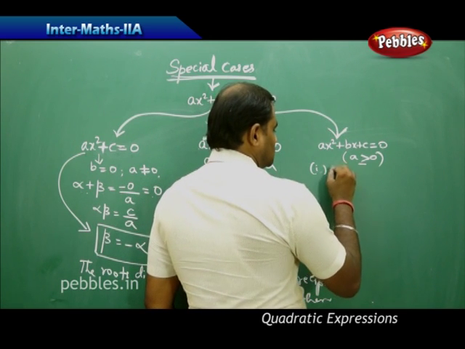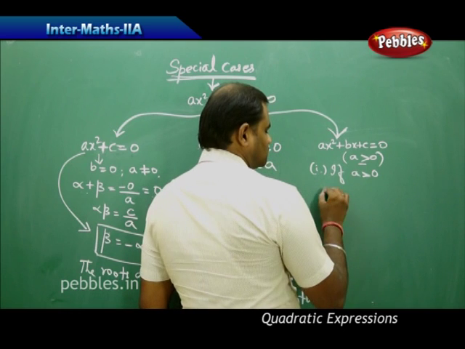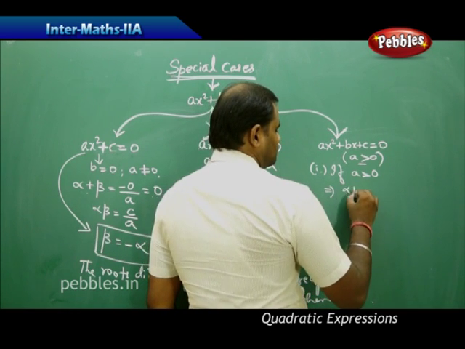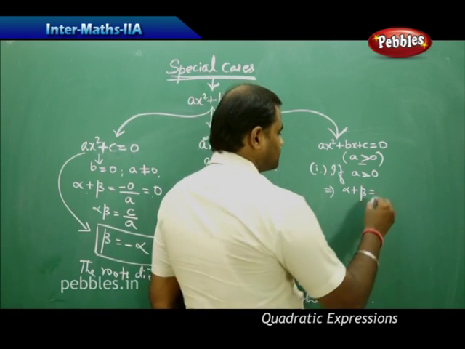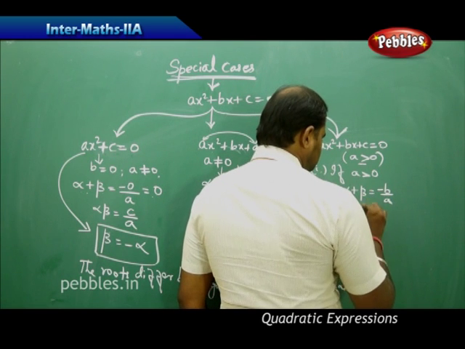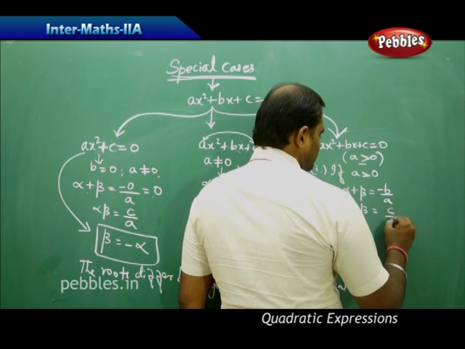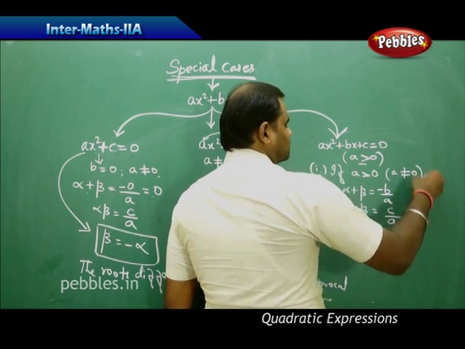So if a is greater than 0, that is if a is positive, that implies my sum of roots is given by minus b by a, and the product is given by c by a, and of course a not equal to 0.